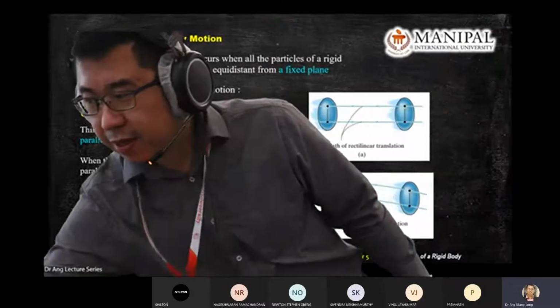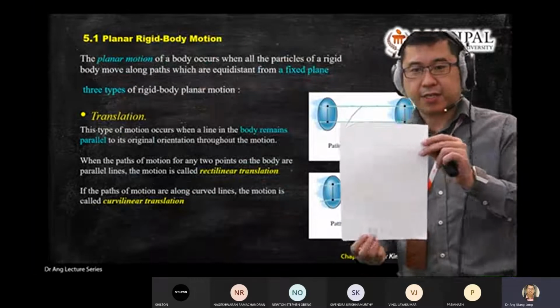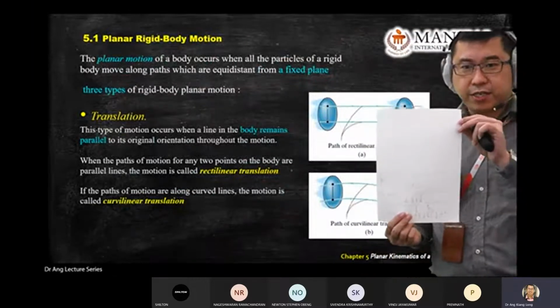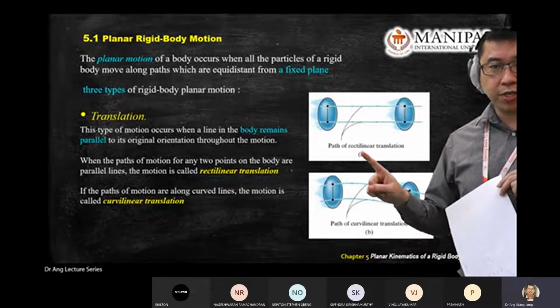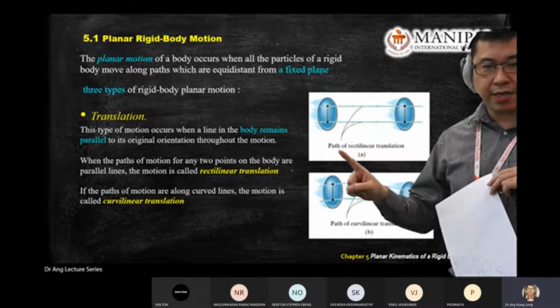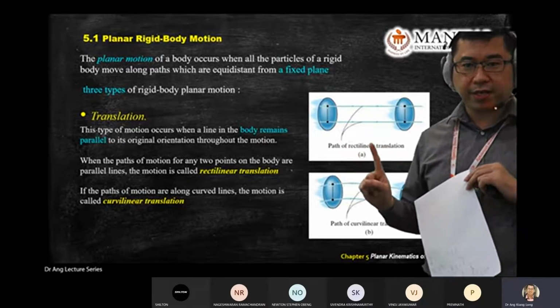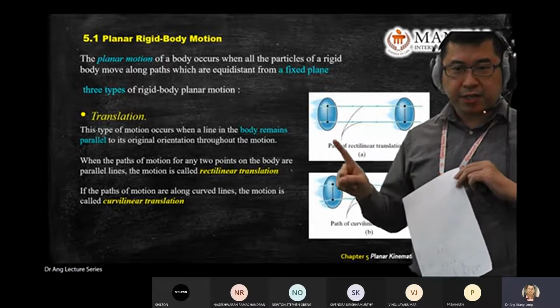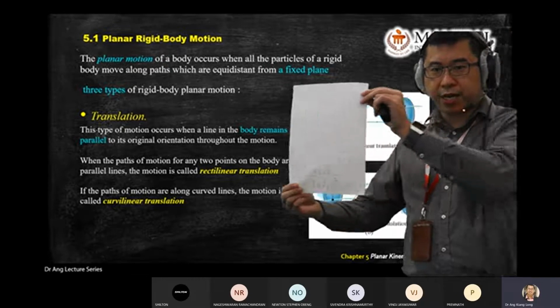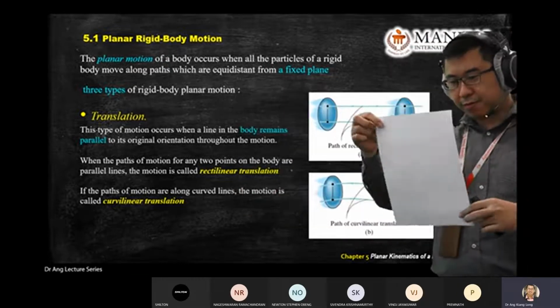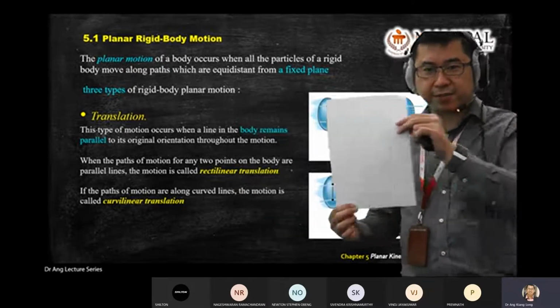If I use a piece of paper, translation in a straight line, in other words, we can use X, Y, Z position, or rectilinear, rectangular plus linear. Rectilinear means it moves in a straight line like that.